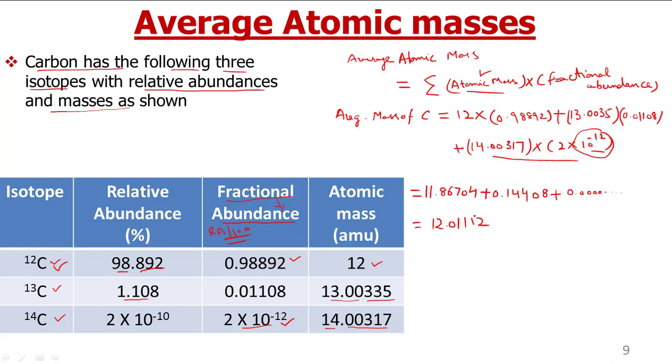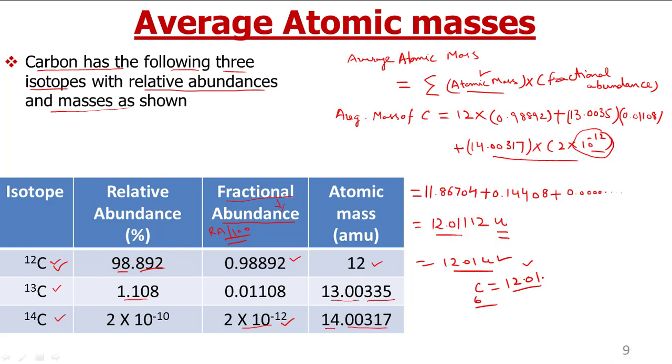So it comes out to be 12.01112. As this is an average atomic weight, its symbol is, like I said, u, unified mass. If we take it up to this, then it is 12.01 unified mass. So the average mass of carbon, with atomic number 6, is 12.01.